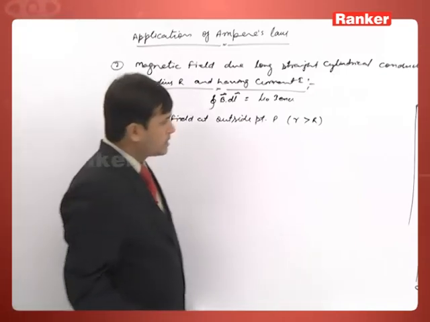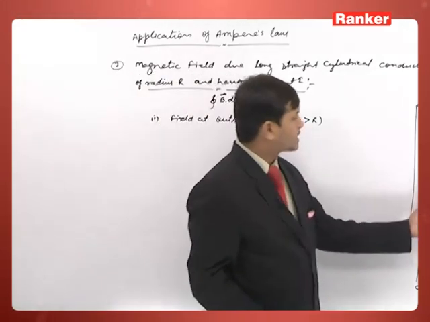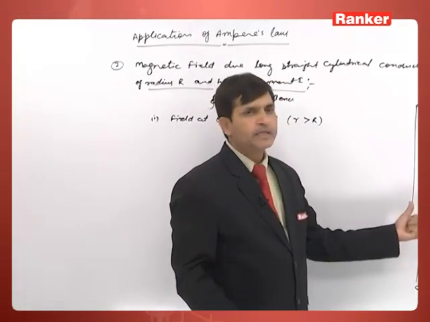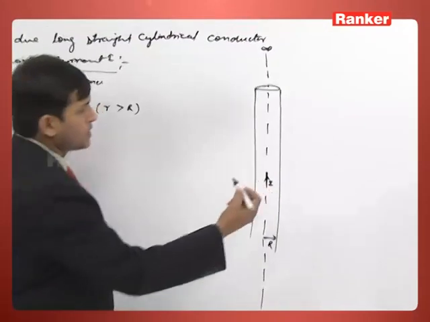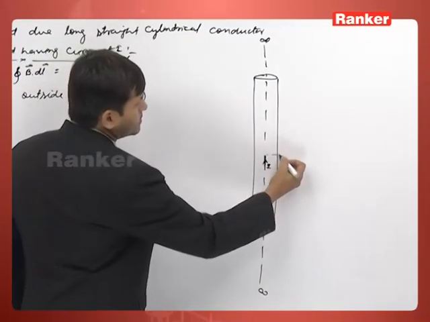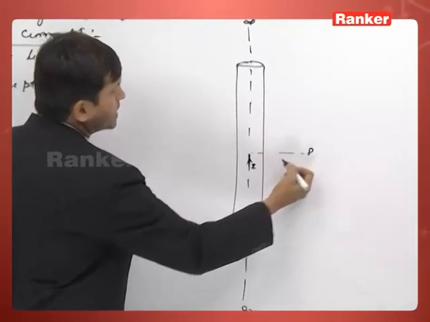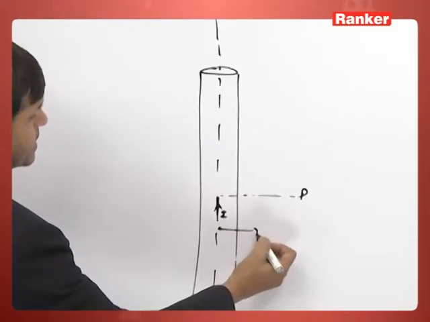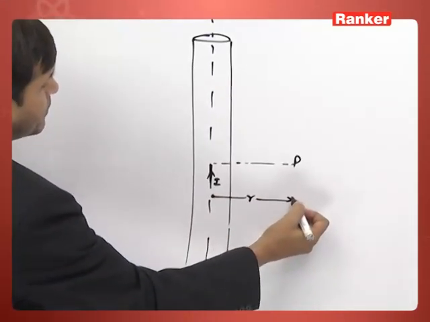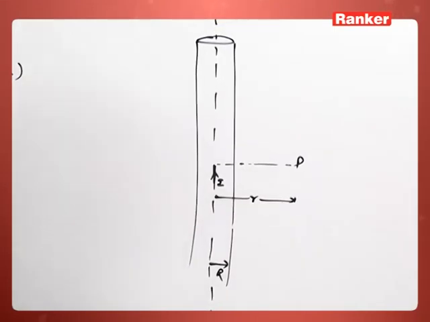It is a similar situation to the previous case in which the conductor was straight. Let our point P be somewhere here, at distance r from the axis of the cylindrical conductor.